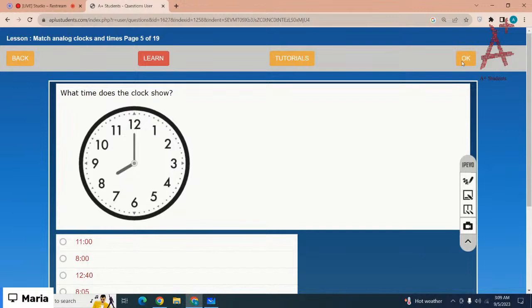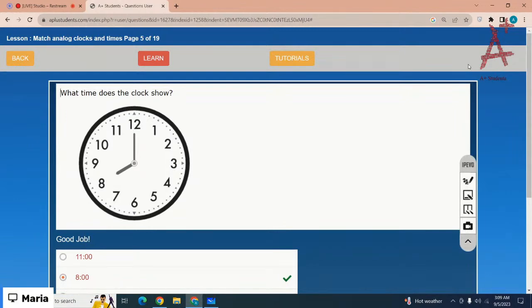That means it is 8 hours and 0 minutes, right? The correct option is 8 hours and 0 minutes. Option number 2 is the correct option.